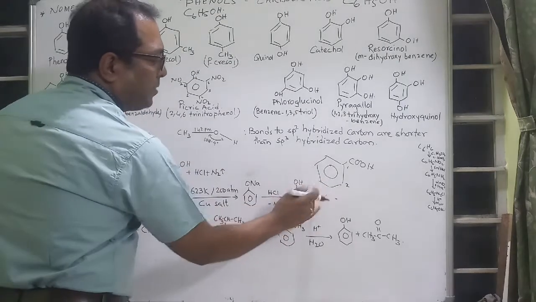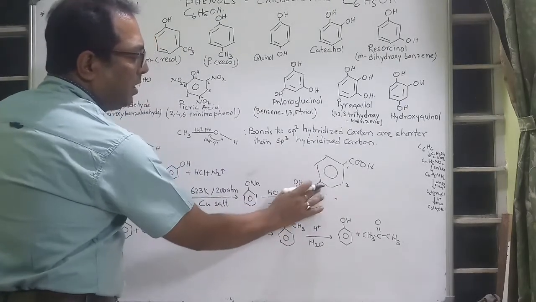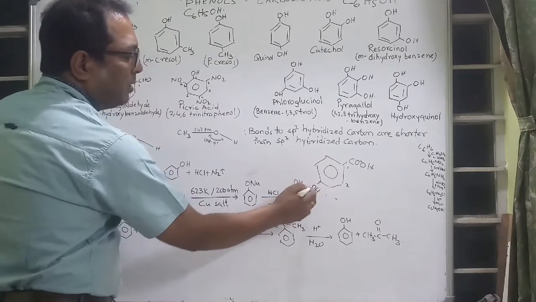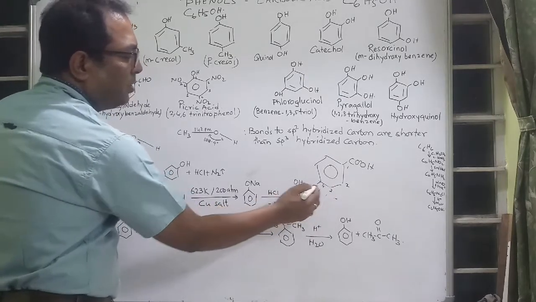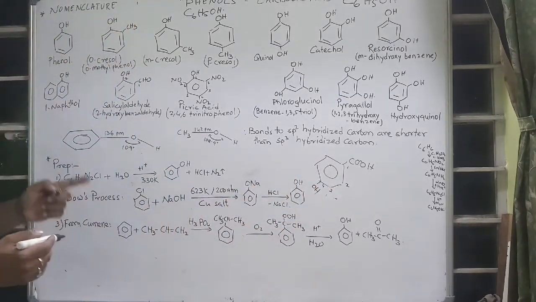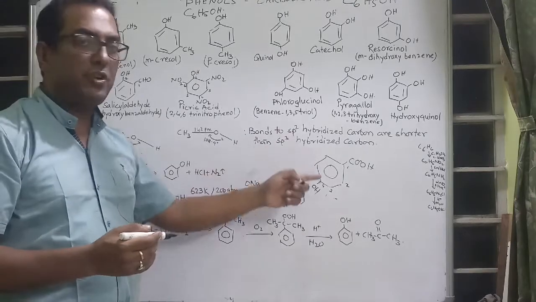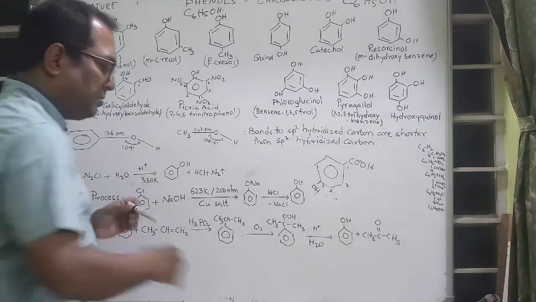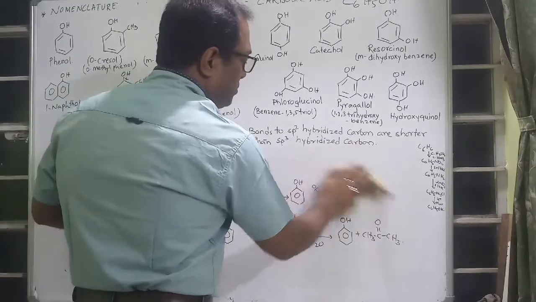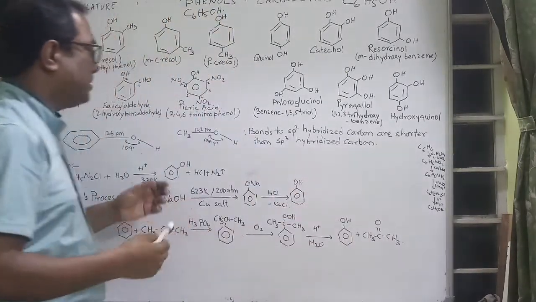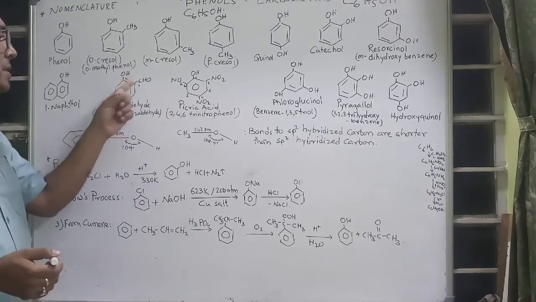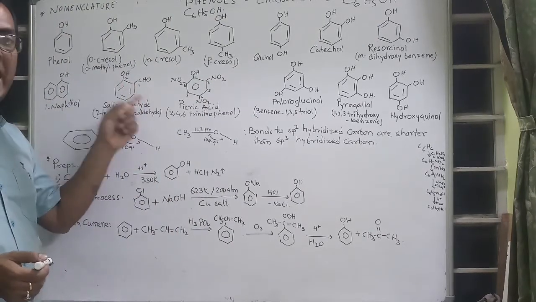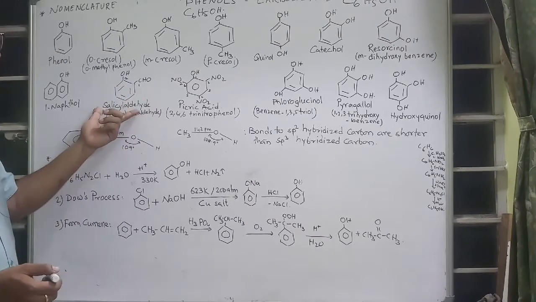If the OH comes on the fourth, we call this 4-hydroxybenzoic acid. This is related to salicylic acid. Students, it is important that you know whom to give more importance when there is OH and aldehyde, ketones or acid. So this is salicylaldehyde.